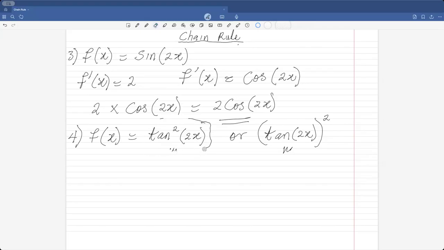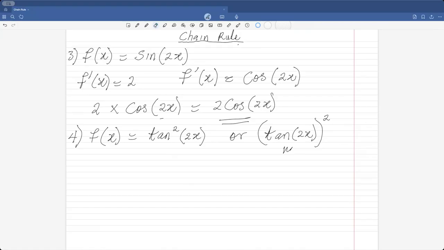Now, the inside function is nothing but 2x. And the outside function is nothing but the whole function here. So let's go further.